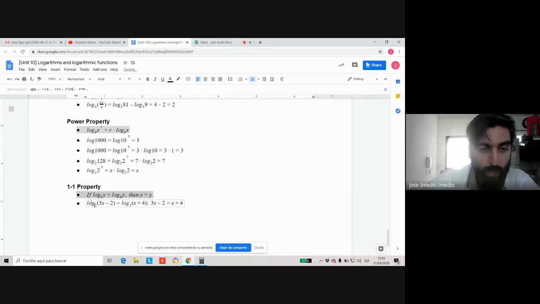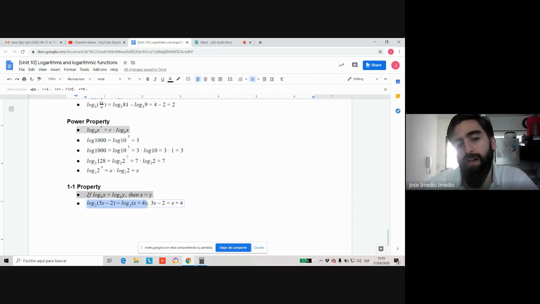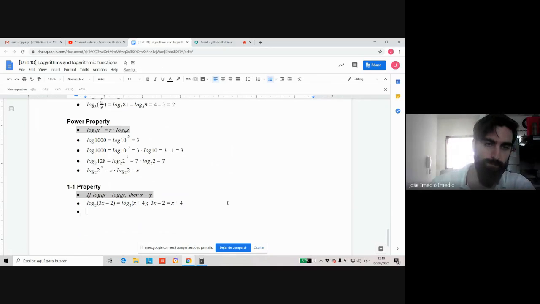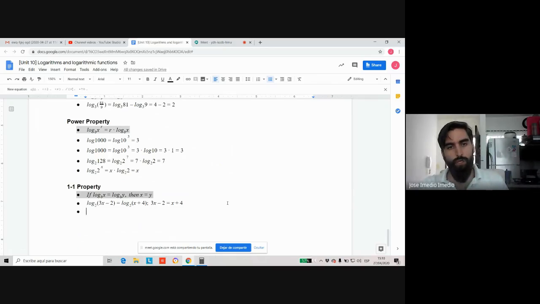Okay, knowing about this property can allow us to get rid of logarithms at some point. Okay, so we can just solve this equation. Great. So that's with the one-to-one property of logarithms.